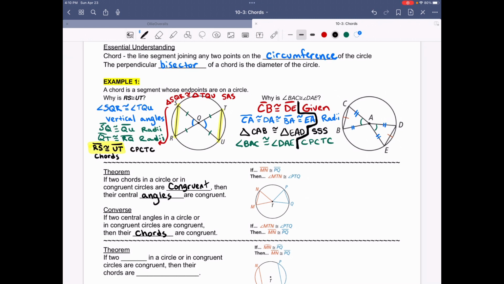All right. So they've said this two ways. This is the theorem, and this is the converse of the theorem. So they're saying if these are congruent, then the angles are congruent, and then vice versa. If the angles are congruent, then the chords are congruent.